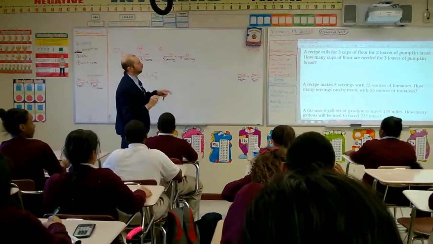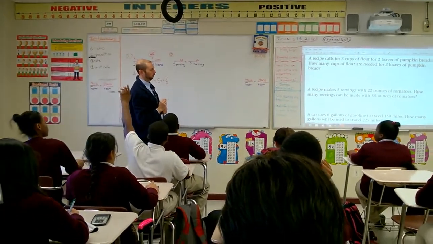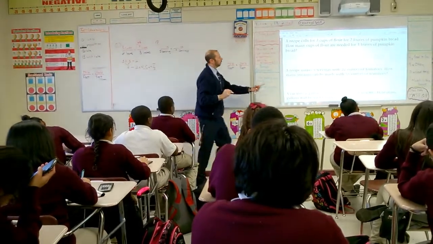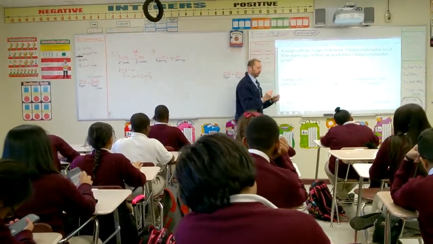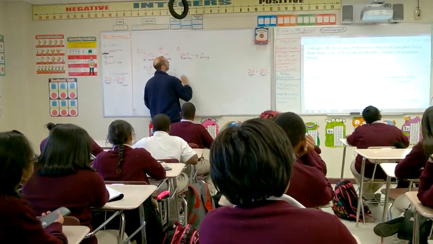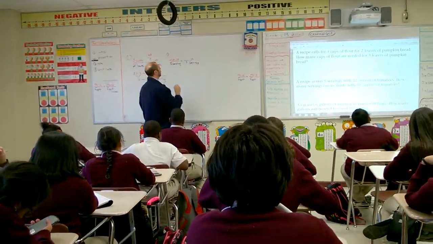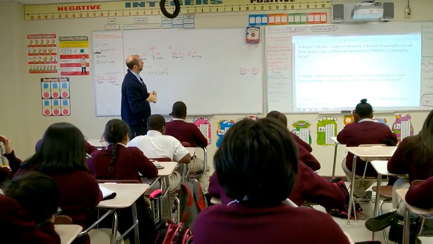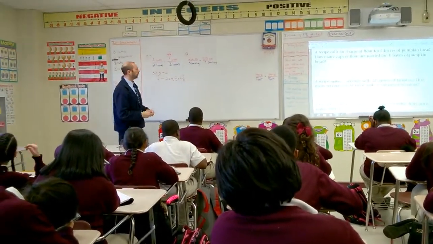So how many ounces per 5 servings? All right, so 22 ounces goes with my 5 servings. Now we can cross multiply and divide.